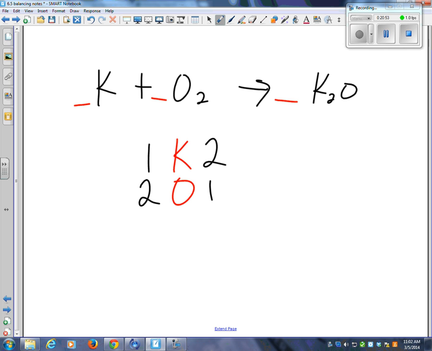So I gotta make more K's on the left, and I gotta make more O's on the right, don't I? Does it matter where I start? Sometimes it does, but in this particular one I know it doesn't. Let's make more K's first. So how do I make more K's? Put a 2 there, right?